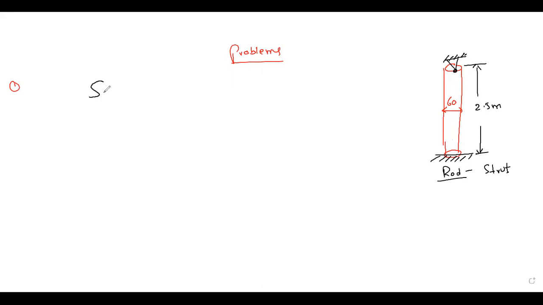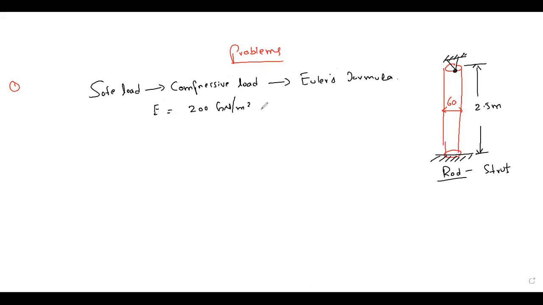So we have to calculate the safe compressive load by using Euler's formula. Let us take E as 200 giganewton per meter square and factor of safety as 3.